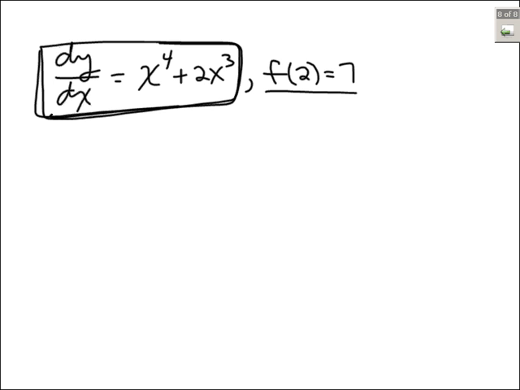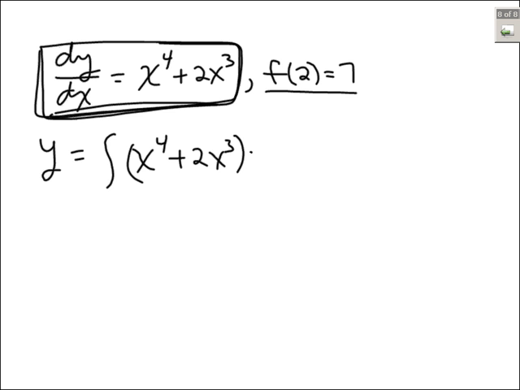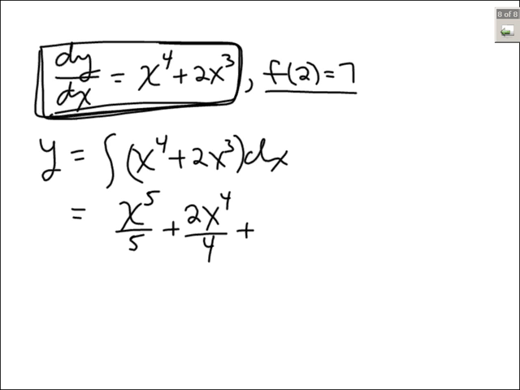For example, just from here, we know that y is the antiderivative of x to the 4th plus 2x cubed dx. And that equals x to the fifth over 5 plus 2x to the fourth over 4 plus the constant.